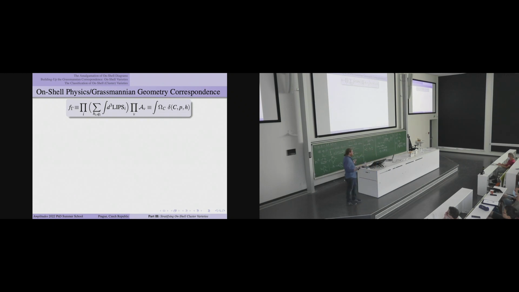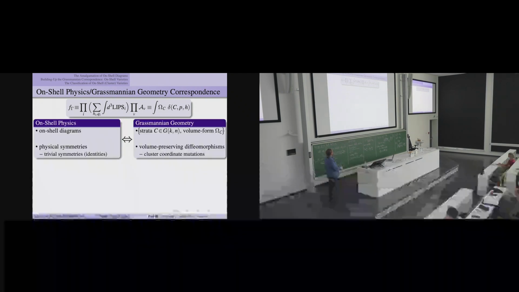All right, so I want to end this lecture series where we started, which is this general correspondence between on-shell functions, which we care about for constructing amplitudes and also intrinsically because they capture quantum field theories non-redundantly, and so they played a huge role in a lot of the developments in amplitudes, and this geometry where every single on-shell diagram corresponds to some submanifold, and we saw today how to generate this manifold.